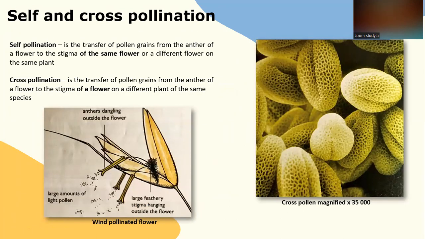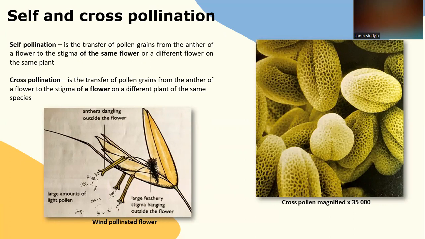The differences between self and cross-pollination. Self-pollination is the transfer of pollen grain from the anther of a flower to the stigma of the same flower or a different flower on the same plant.